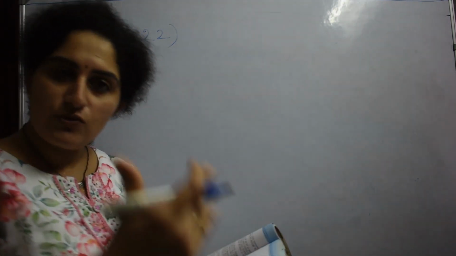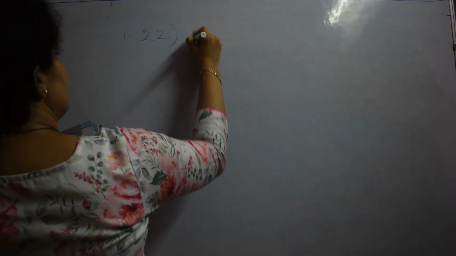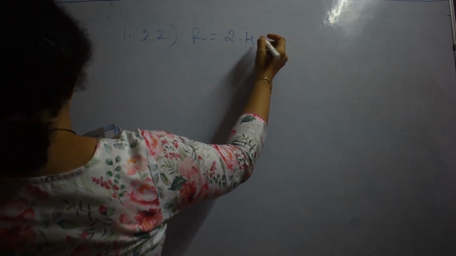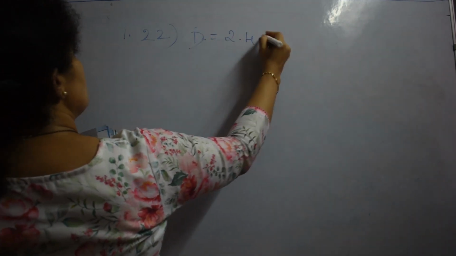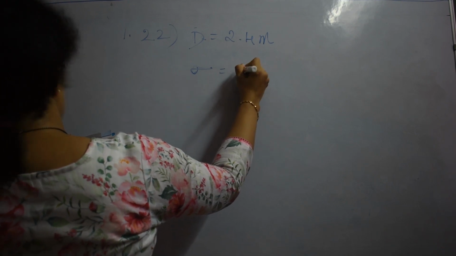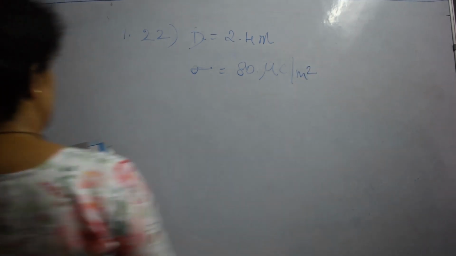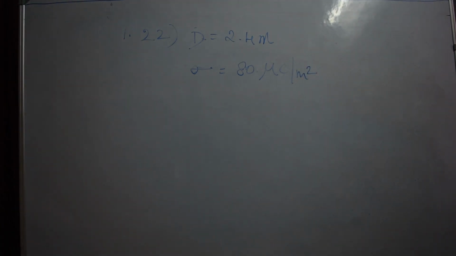When surface comes, you have Q by area concept. First, find the charge on the sphere. Second one, total electric flux leaving the surface of the sphere. Again, the simple one, diameter is 2.4 meter, and the surface charge density, sigma, is 80 microcoulomb per meter square.